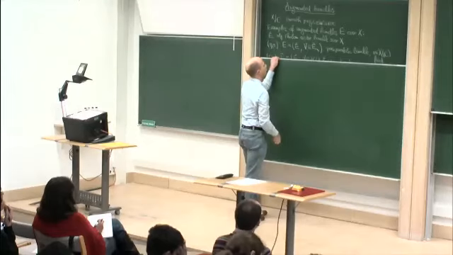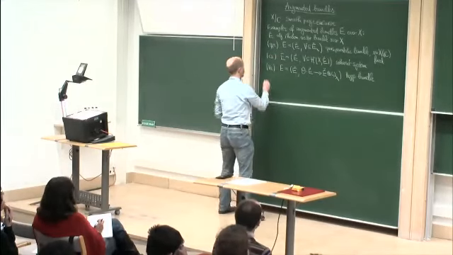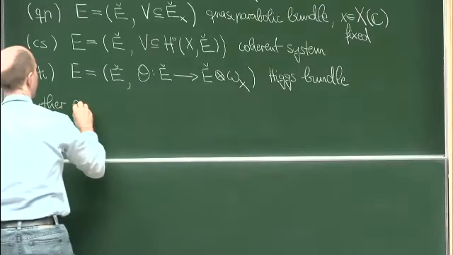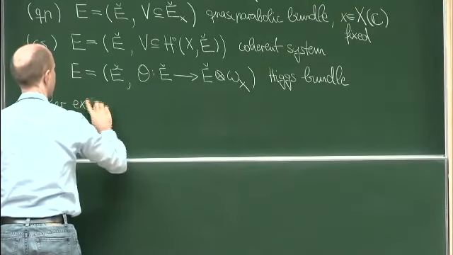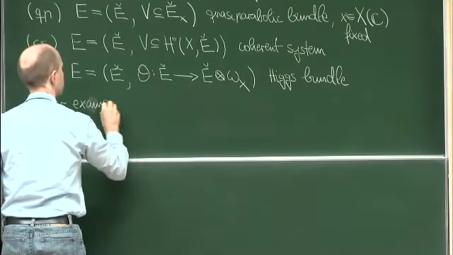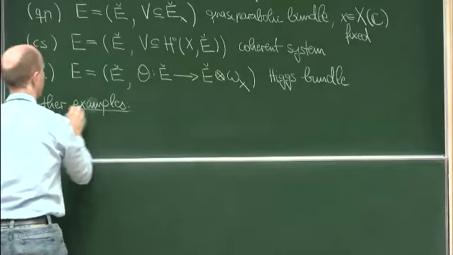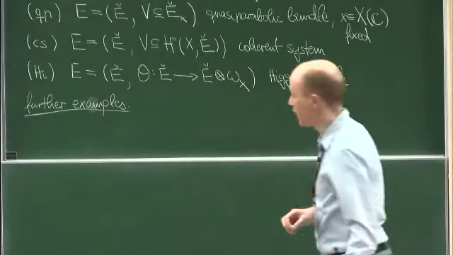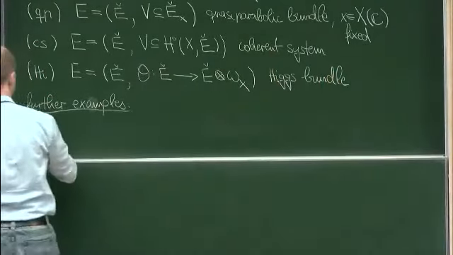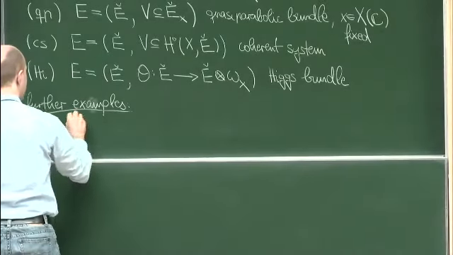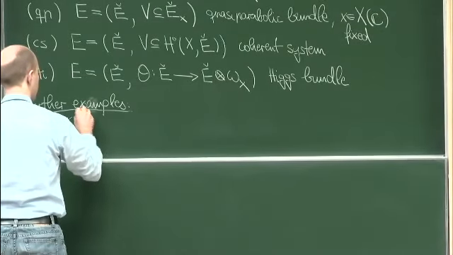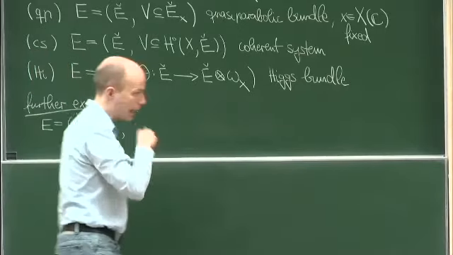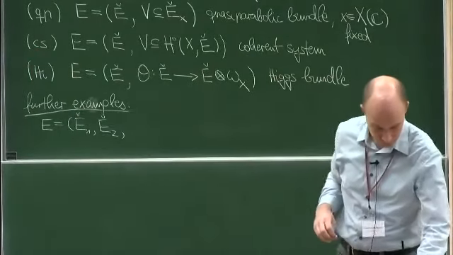Let me maybe mention a few further examples which I won't follow so systematically later on. Further examples are, for example, triples consisting of two underlying vector bundles and a map between them.